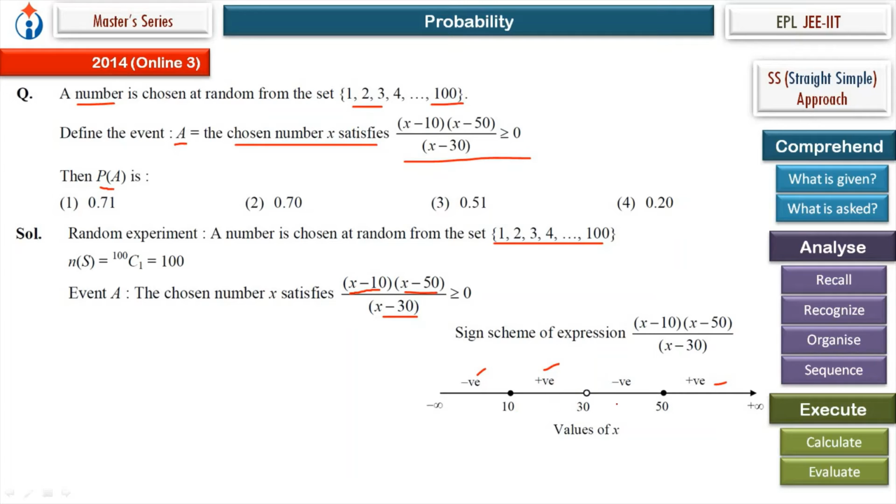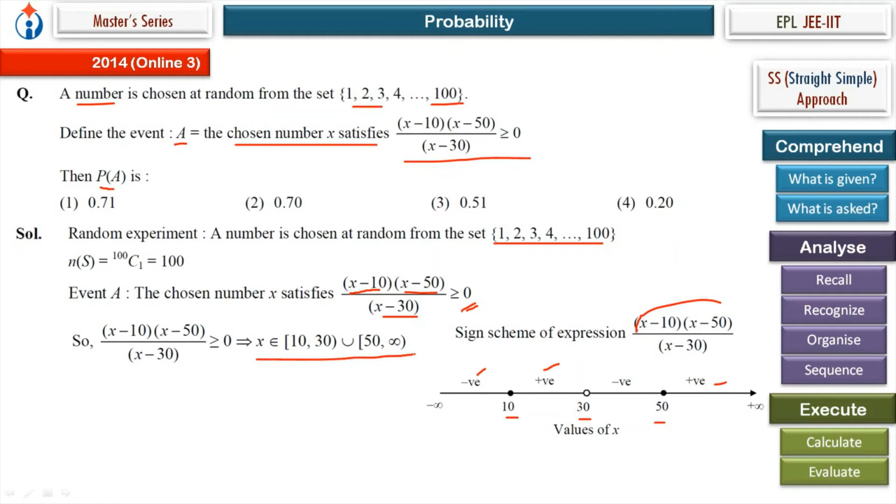And at the end points of the interval, at x equal to 50, the value of this expression is 0. Do we need 0? Yes, we need it, so closed. At 30, the denominator is 0. The denominator cannot be 0, so we leave 30. At 10 it equals 0, so we include that. So x belongs to [10, 30) or [50, infinity).